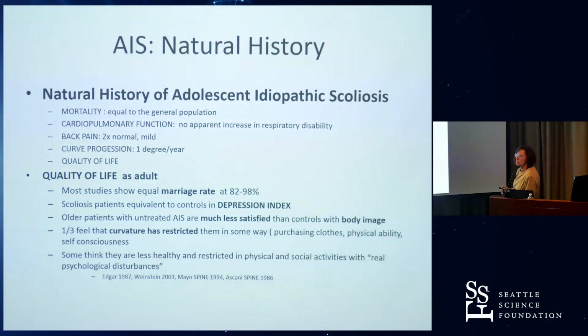Interesting reproduction: pregnancy did not seem to increase progression. You weren't more likely to have your curve progress because of a pregnancy, and it didn't seem like there were documented specific difficulties having children in the setting of having scoliosis.